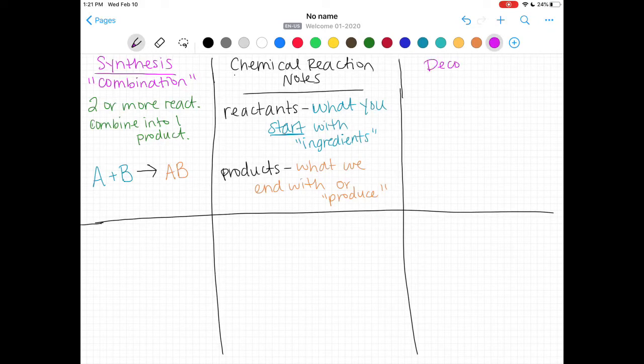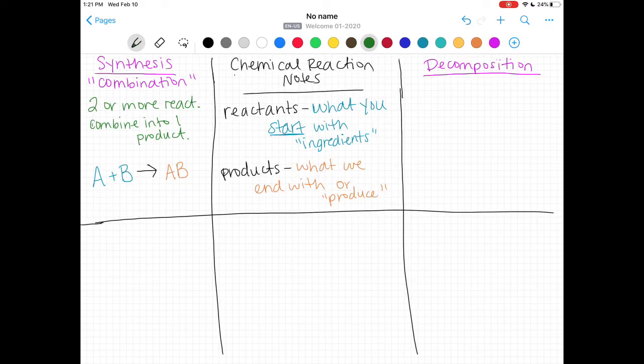Okay, my next type of reaction is called decomposition. So if you've taken biology, when you think about decomposition, you might think of decomposing, or breaking down.